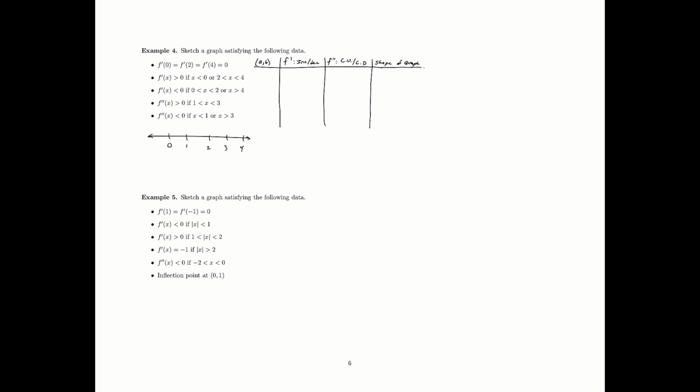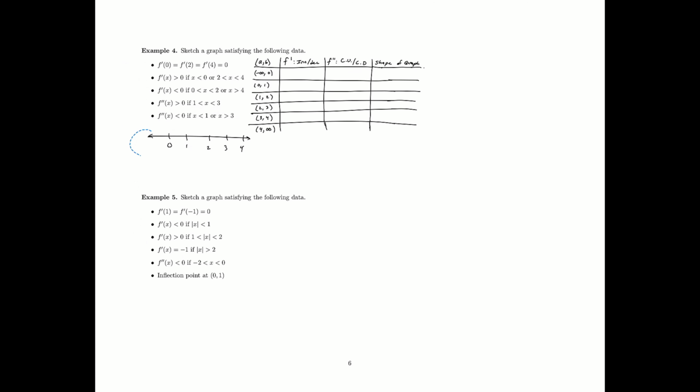So let's do to the left of 0, so negative infinity to 0, 0 to 1, 1 to 2, 2 to 3, 3 to 4, and of course after 4, so 4 to infinity. Now this is definitely a lot of information, so this might look a little ridiculous, and that's okay for now. It's really just showing you a certain idea for now.